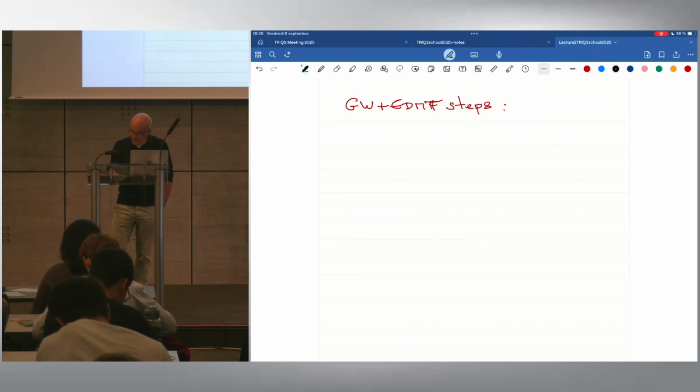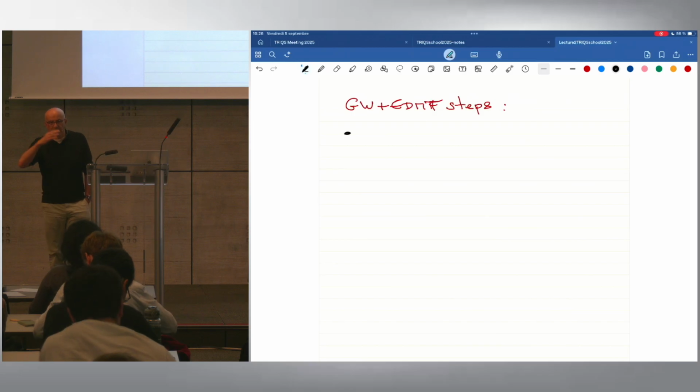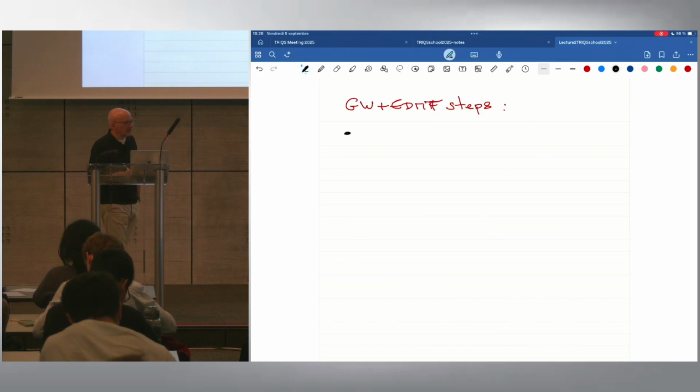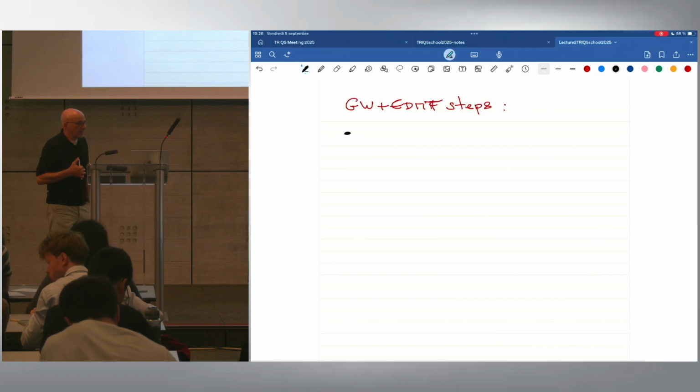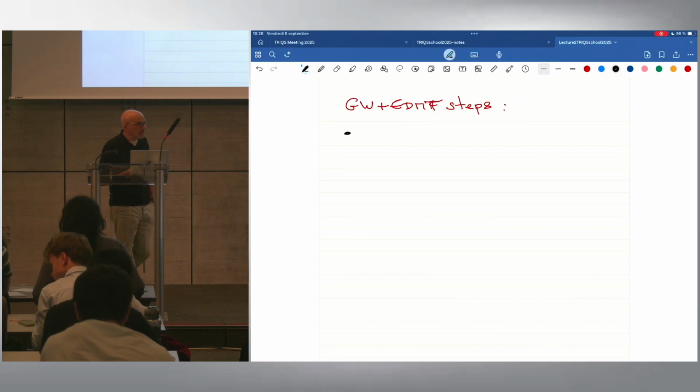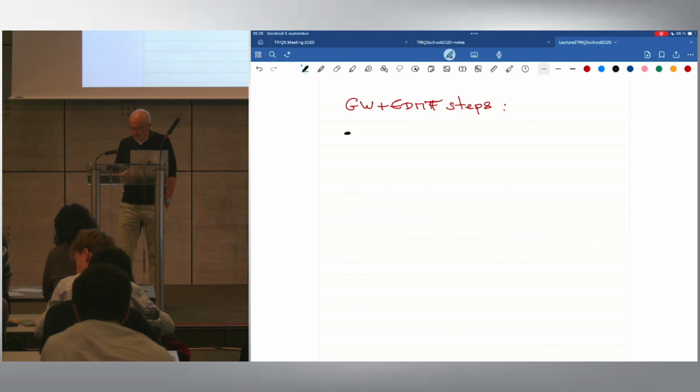So first, you have to start from some GW calculation. Eventually, if you have a good code, like Coqui, you will bring the whole thing to self-consistency, so it doesn't perhaps matter very much from where you start. You may want to start from G0, W0, but you have to start somewhere. So let's say you start from some GW calculation.